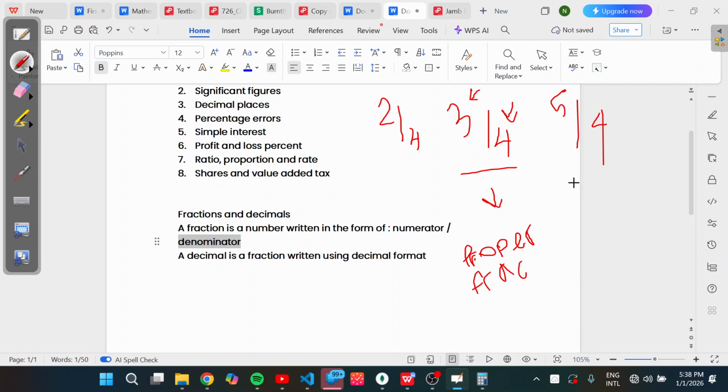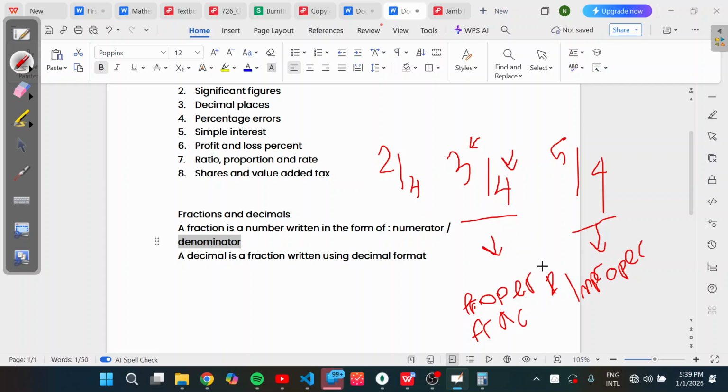Now we also have something we call an improper fraction, and its concept is the reverse of this.